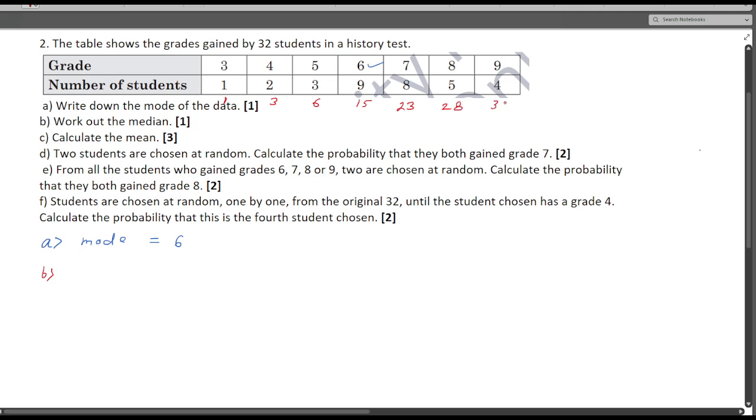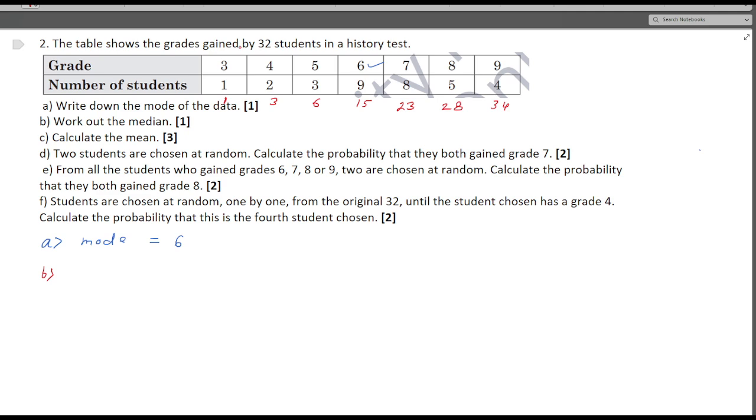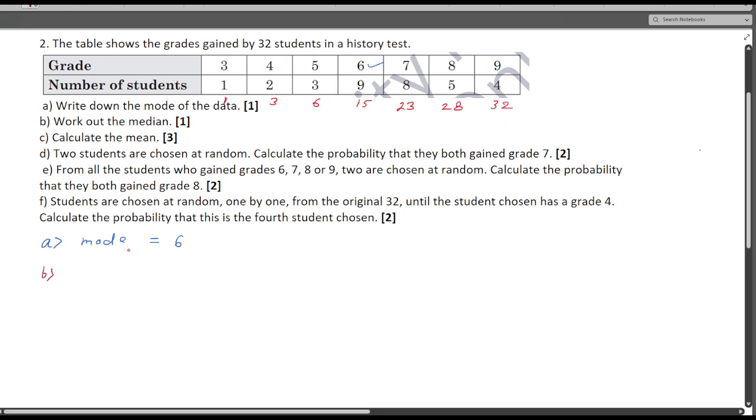Plus 4 is 32. So if I arrange the numbers like 3, 4, 4, 4, 5, 5, 5, 5, 6 times and so on, I have to find out where my middle number is. For that, the last number is 32, not 34. I will find out what 32 divided by 2 is. So 32 divided by 2 is 16.